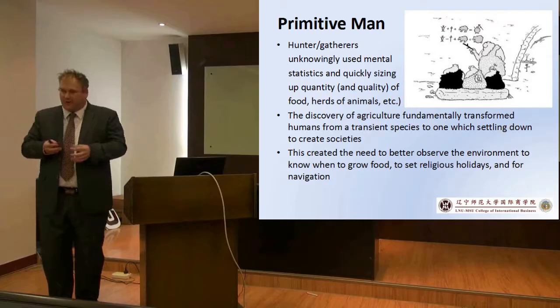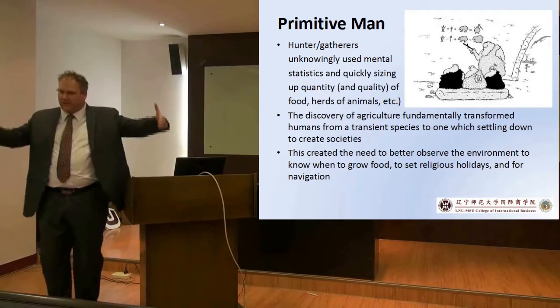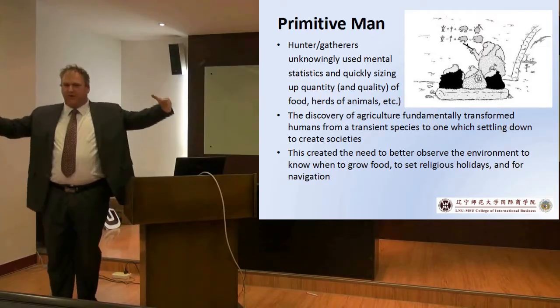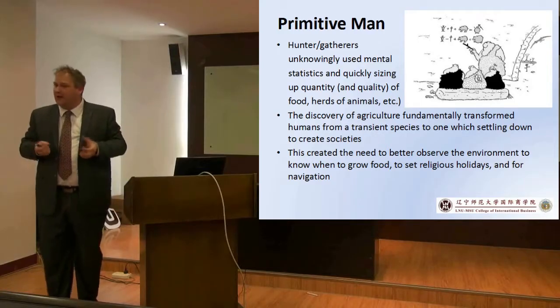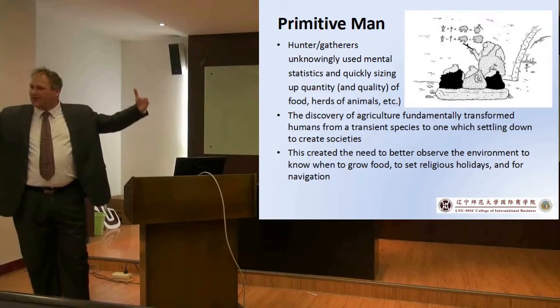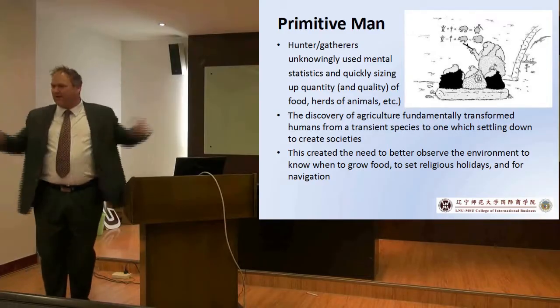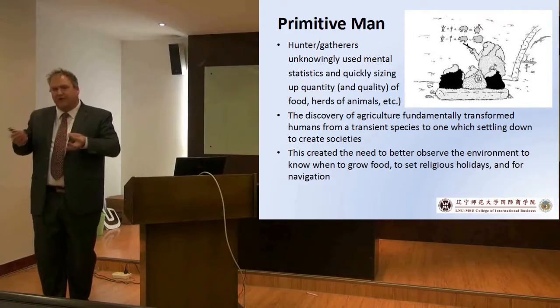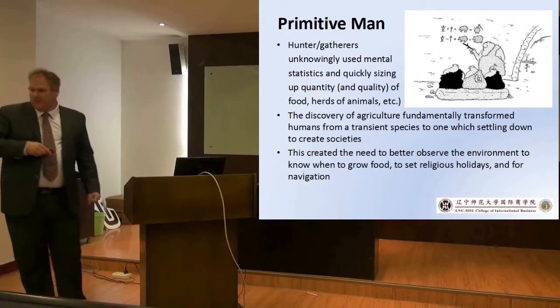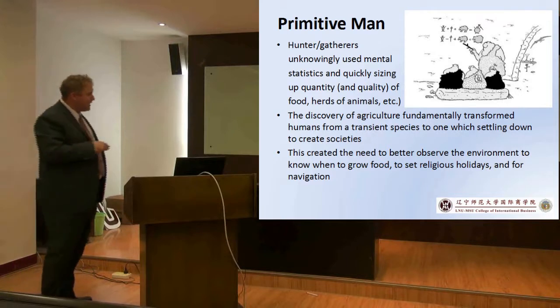We discovered that if we grow plants, we can keep the food and make a more stable food supply. And because of that, our population grows. And because of that, that creates the situation such that we need things to help us survive. And math and science are among them, okay?